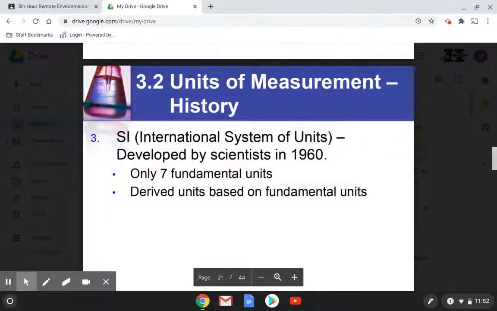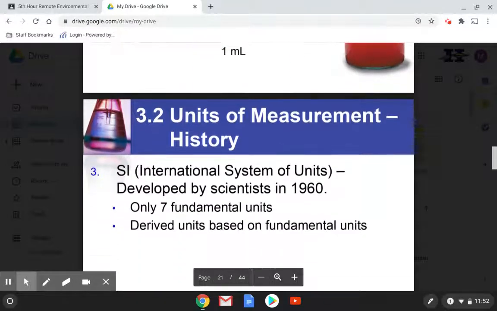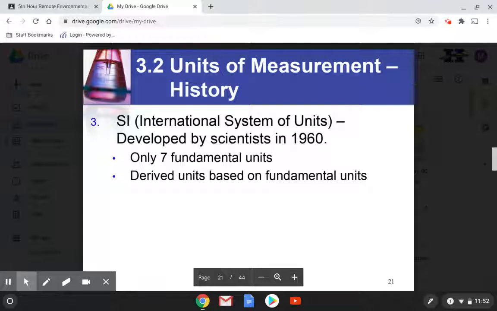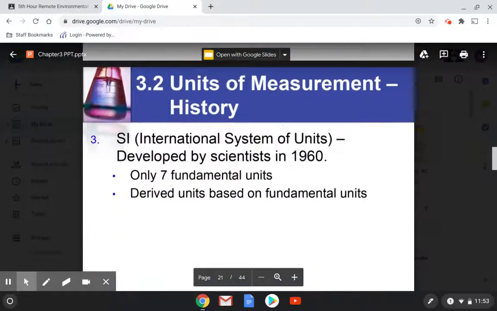Just a little history when we talk about the units of measurement. The SI, the International System of Units, was developed by scientists in 1960. There are 7 fundamental units, and derived units are based on fundamental units. And again, volume is going to be one of them.